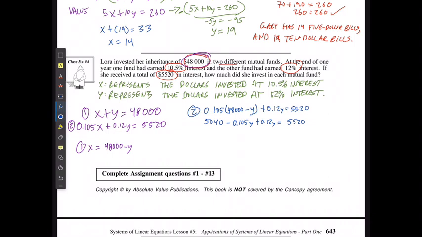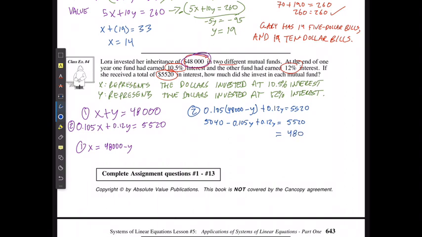I'm going to subtract the 5,040 from both sides and say that I have $480.